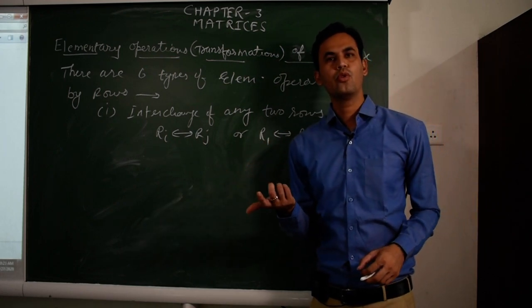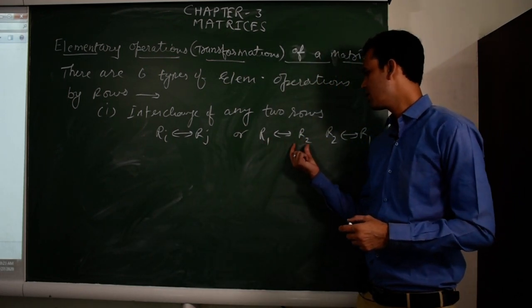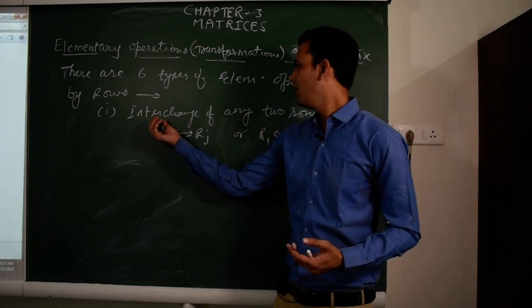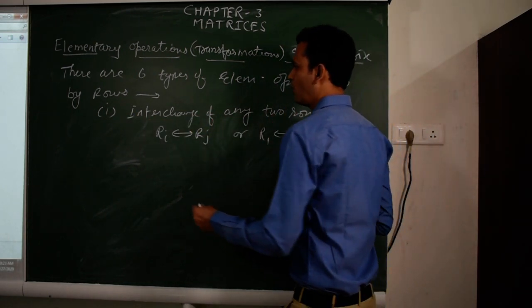R1 and R2 are rows. R1 is the first row, R2 is the second row. So R1 changes to R2. This is the first transformation, interchange of any two rows.